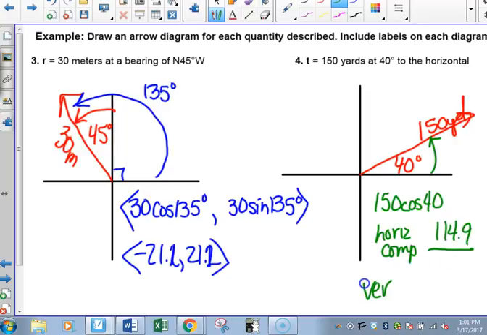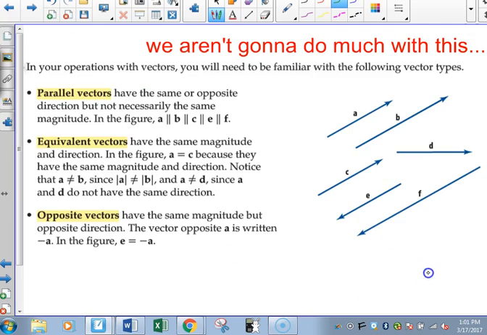Yep. And if it asked for only the vertical, you would do 150 sine 96.4. I'm just trying to make sure you understand which one's horizontal and vertical. If you think about it, you'll get there. I always say the words backwards and get myself confused.